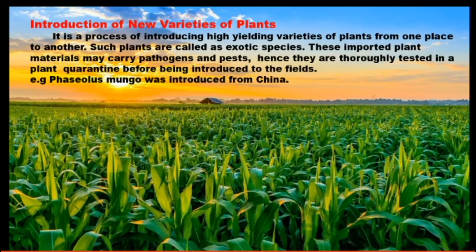But exotic breeding is different: the plants come from foreign lands. This imported plant material may carry pathogens and pests. Hence, they are thoroughly tested in plant quarantine before being introduced to the field.